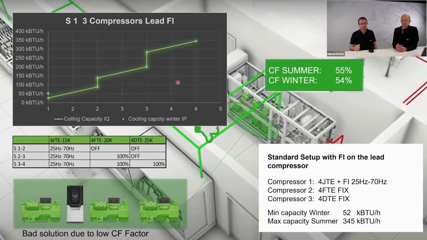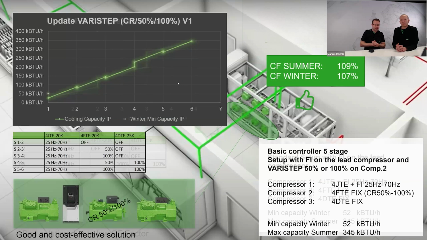If you have such a system and the winter capacity is more or less acceptable because you have enough evaporator power in the winter, you can upgrade that system by replacing, for the moment, the second compressor with a fixed VARISTEP. This means you run the compressor at 50 or 100%.